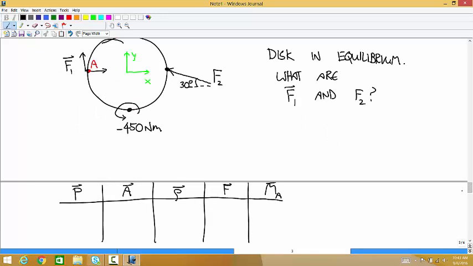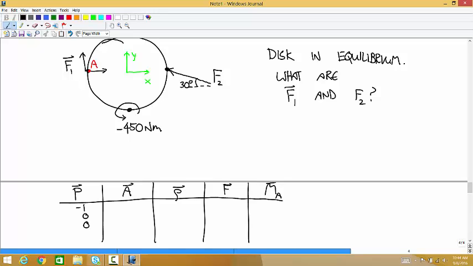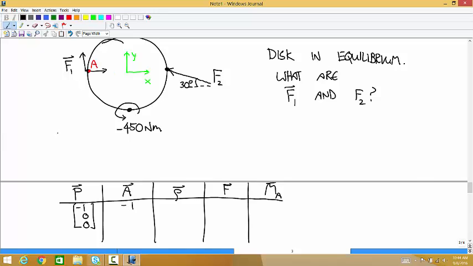Okay, so the first one I'm going to do is the force F1. What are the coordinates of the point where F1 is applied? -1, 0. And I'm going to do this to start in 3D so we can see how the moment comes out. Anyone have any questions about the coordinates there? And then what are the coordinates of the about point? Our about point is at the same place that F1 is applied, so that's -1, 0, 0.